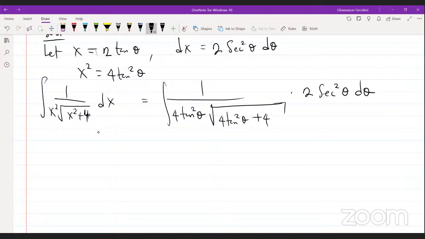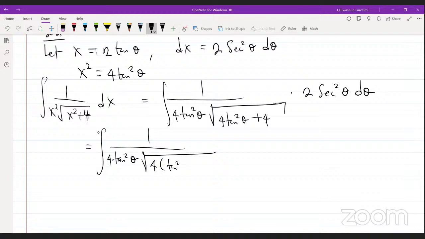Now I have to find a way to do a lot of simplification and make life easy. This is the integral of 1 divided by 4 tan squared of theta times the square root of, this is a 4, this is a 4, that means 4 is common, right? You can pull out your 4, you have tan squared theta plus 1, times 2 secant squared theta d theta.